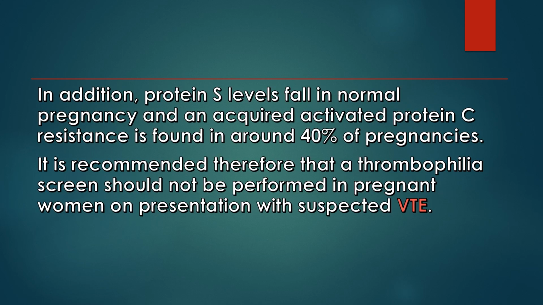In addition, protein S levels fall in normal pregnancy, and acquired activated protein C resistance is found in around 40% of pregnancies. It is recommended, therefore, that a thrombophilia screen should not be performed in pregnant women on presentation with suspected venous thromboembolism.